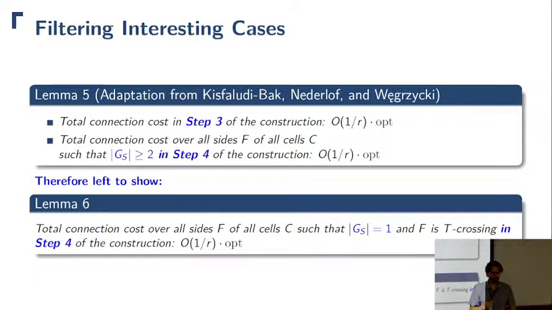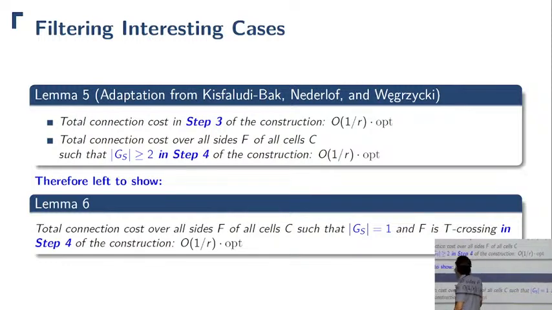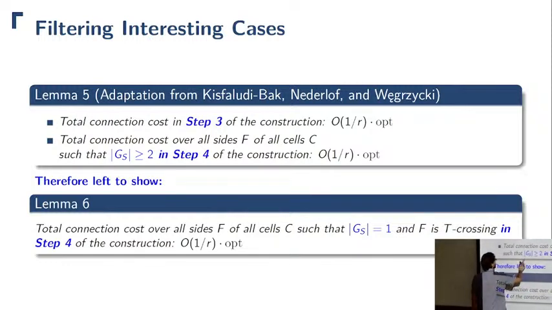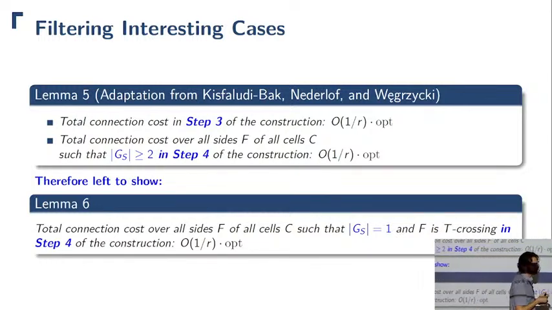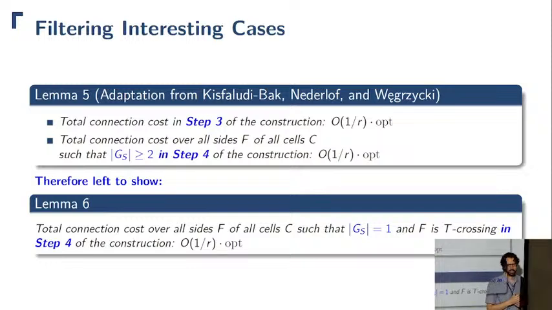And that is actually the whole point. I mean, this needed all this introduction to bring you to the point that they can only deal with GS greater or equal to 2, and they also have an example that it really does not work with a single crossing.